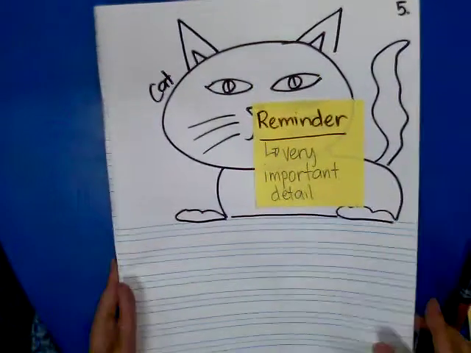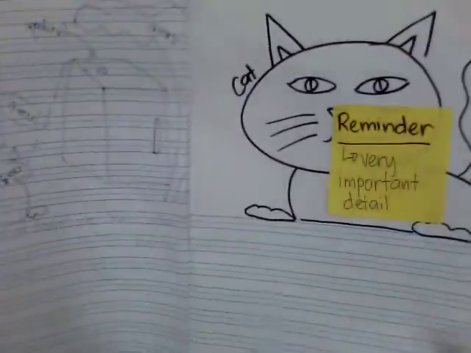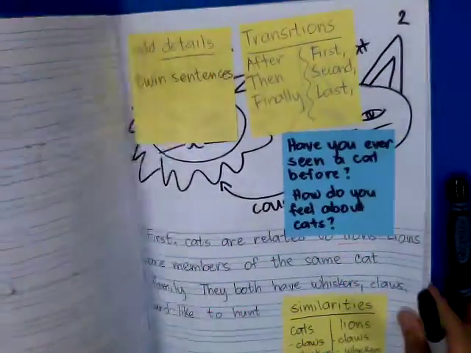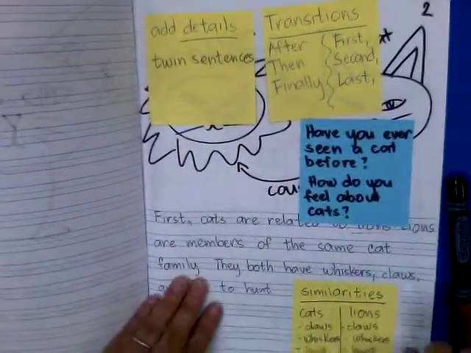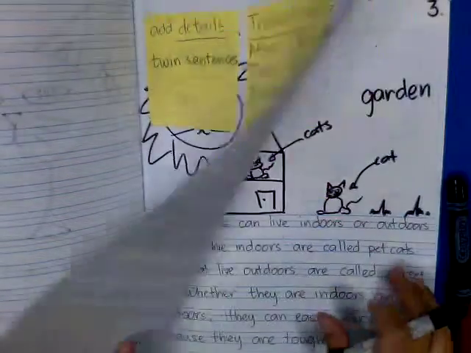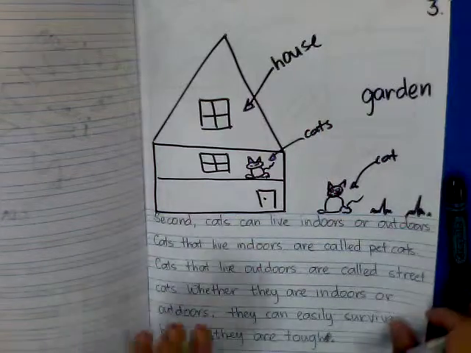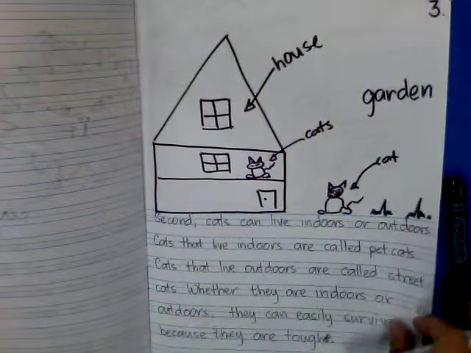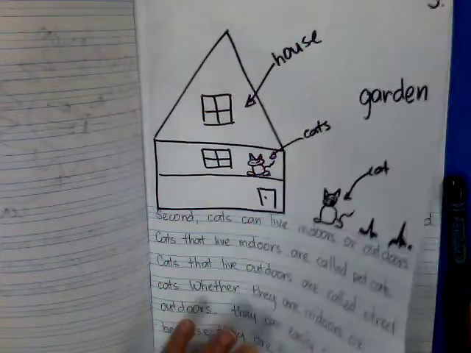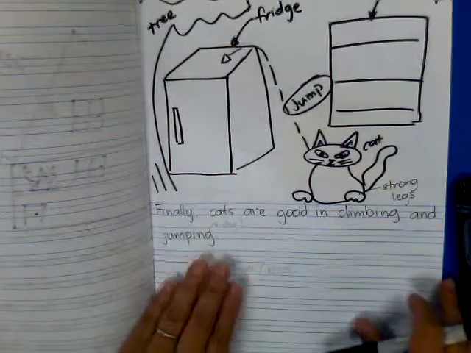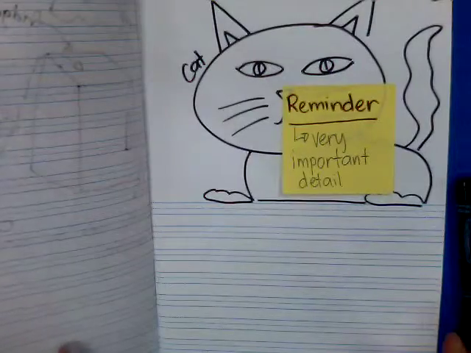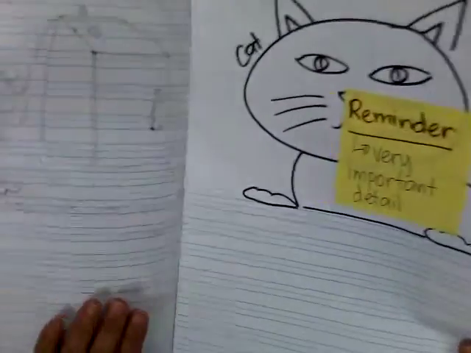Among all the details that we talked about, like the first one, cats being related to lions and other tigers and cheetahs. Second one, cats can live indoors and outdoors. And then the third one, cats are excellent climbers and they jump really well.